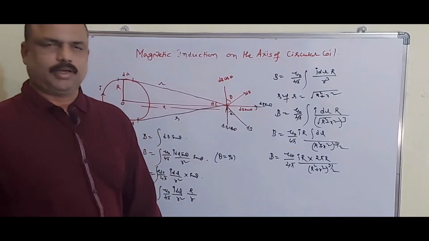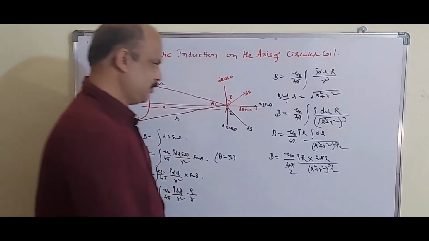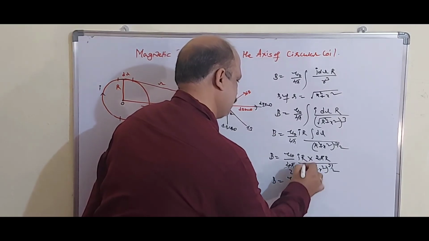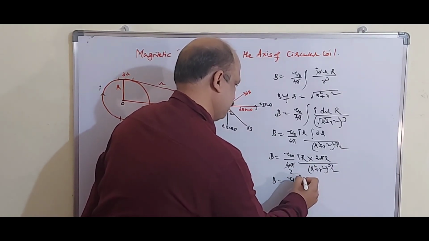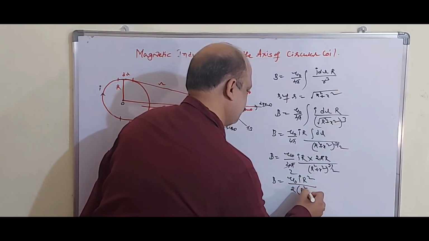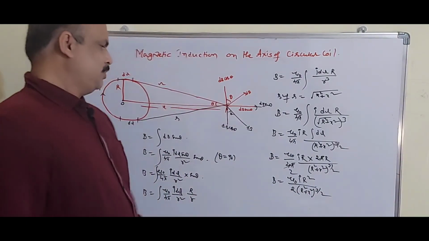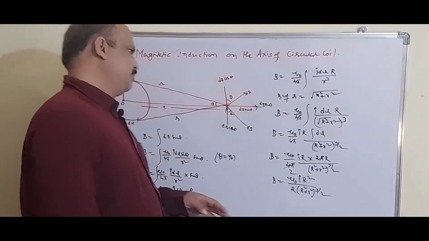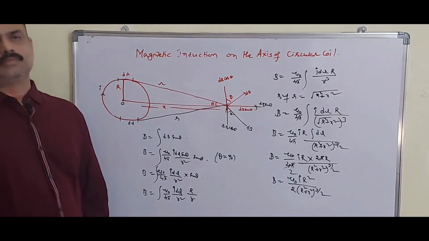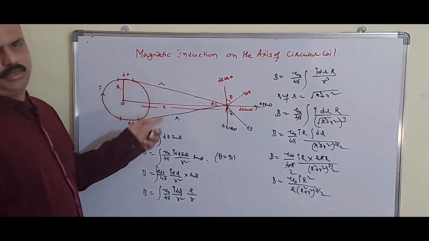Now 2 pi cancels in 4 pi two times. So B is equal to mu naught I R square by 2 into (R square plus x square) whole power 3 by 2. This is the expression for the magnetic induction due to the entire length of the circular coil on its axis.